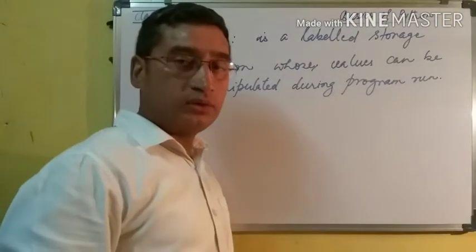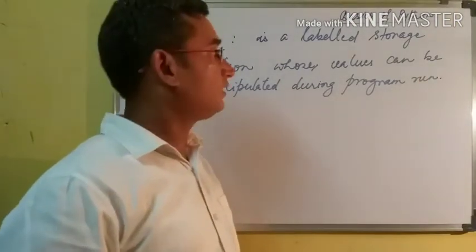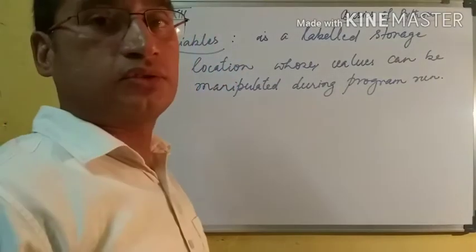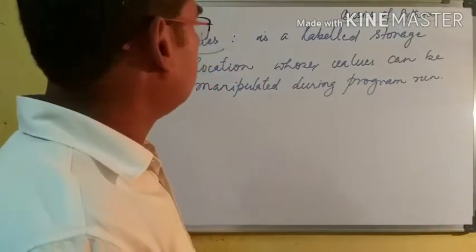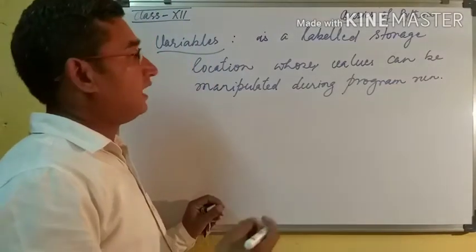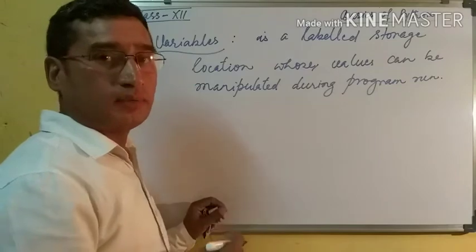Suppose you have some value and you want to store it in your program, then a variable is a place where you can store your value, and that value can be changed, can be manipulated during program run.